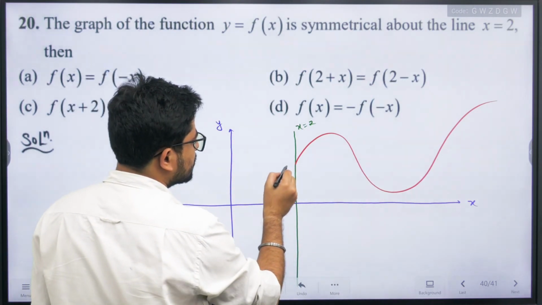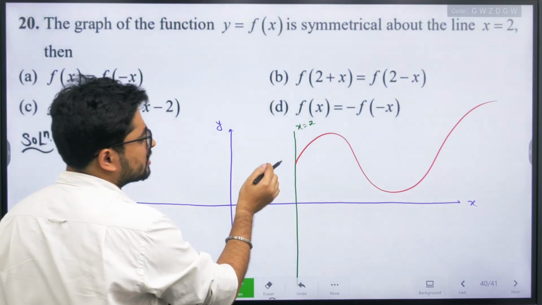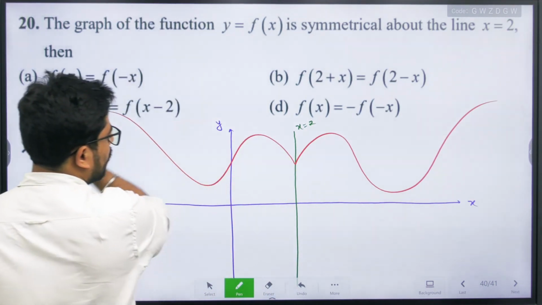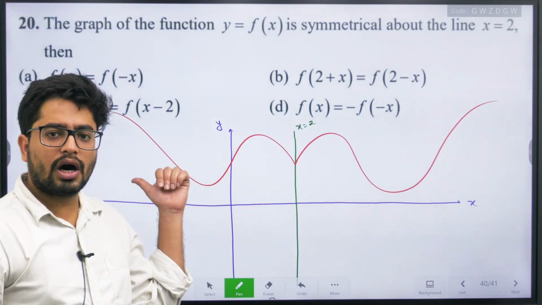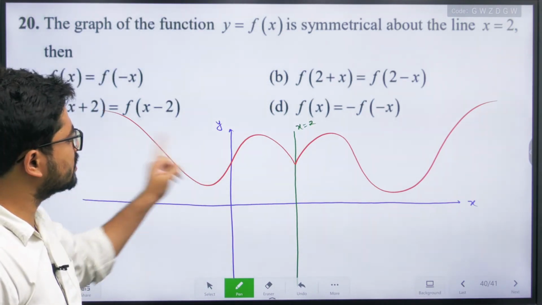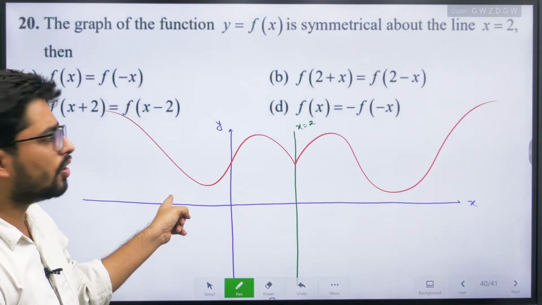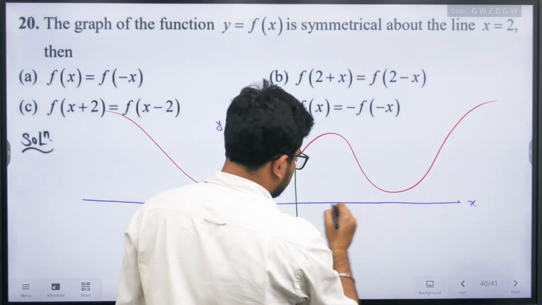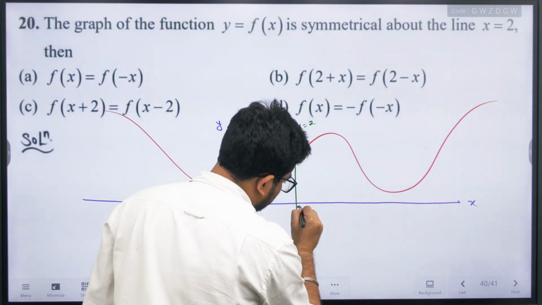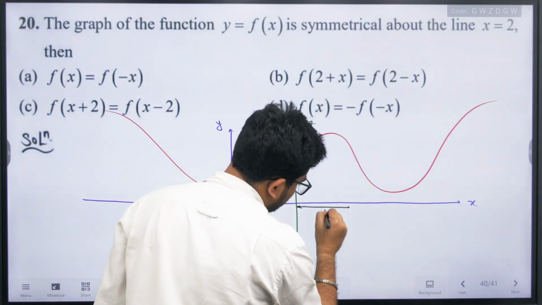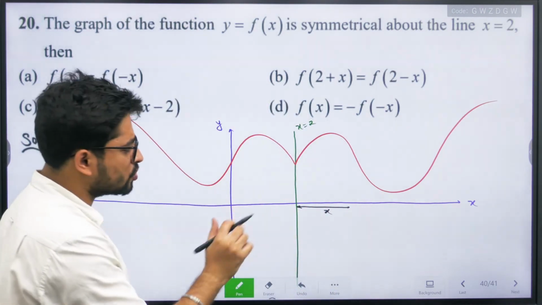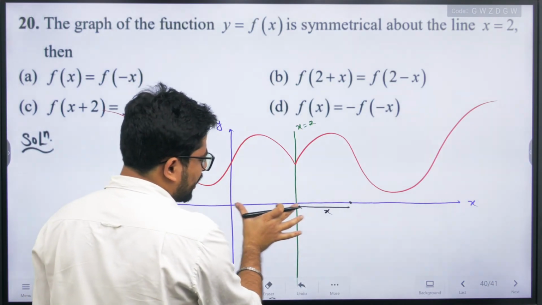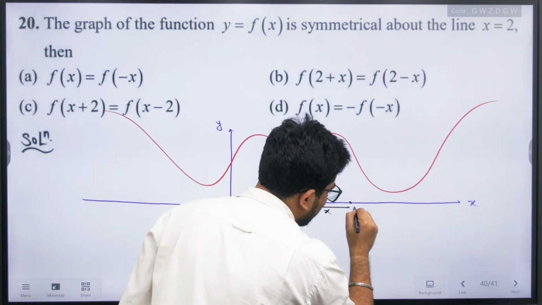Similarly, if this is symmetric with respect to this line, the graph on the opposite side, the left-hand side of x equal to 2, is the same as this. The meaning is, if you choose any point at some distance x, that point is 2 here and x is this, so you can say x plus 2.